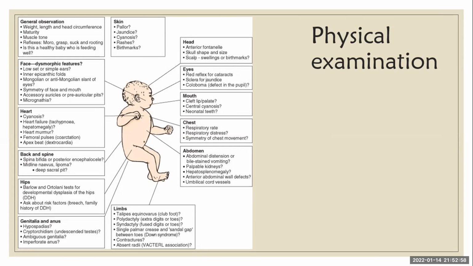For the chest, we need to measure the respiratory rate, observe any respiratory distress signs, and whether the chest moves symmetrically or not. And for the abdomen, we need to observe whether there is any abdominal distension or any hepatosplenomegaly, which can be a sign of heart problems.